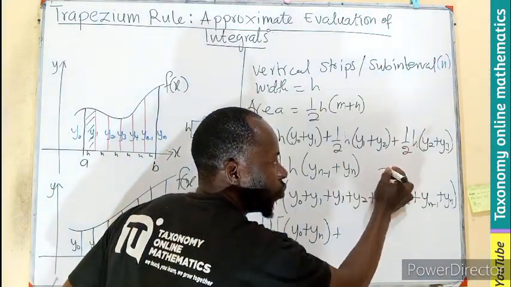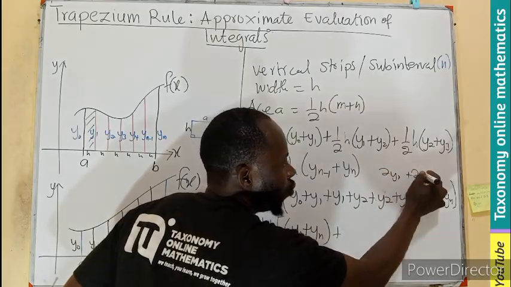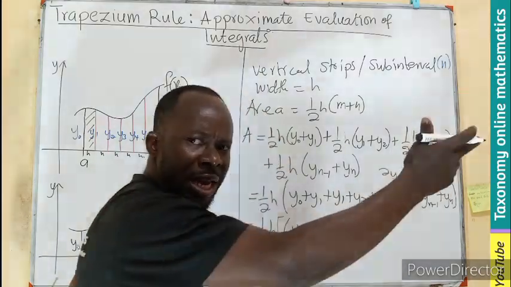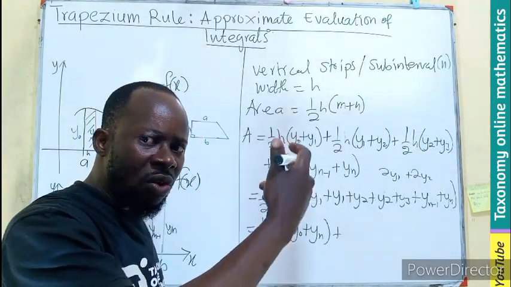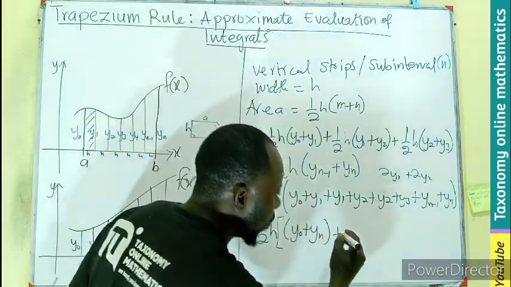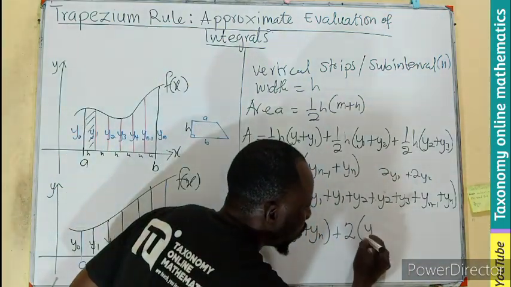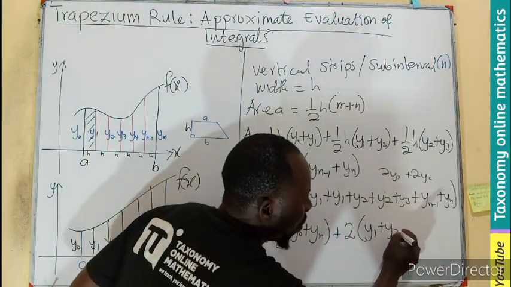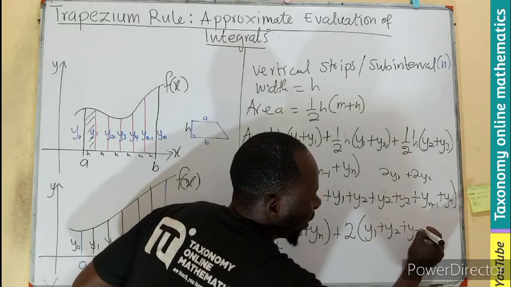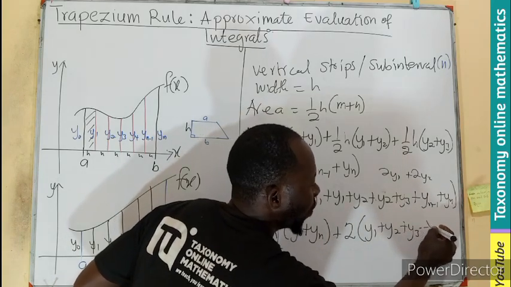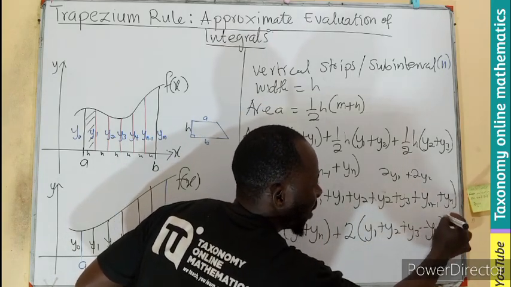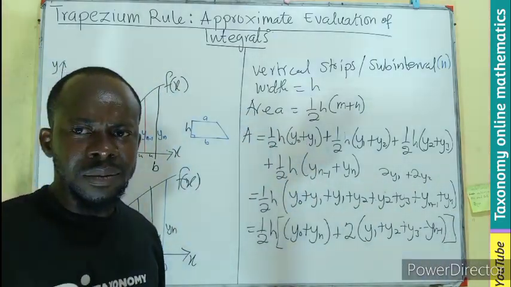So 2y1, 2y2. In that series, I can factorize the 2 out. So I pick the 2 out, y1, y2, y3, then we have yn minus 1 in that bracket.